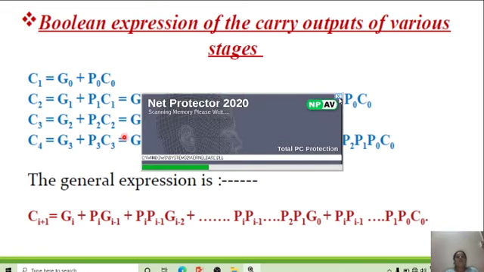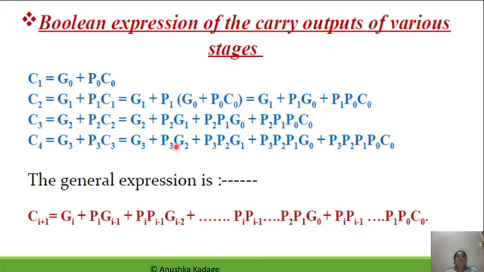So this value will be given as G3 plus P3G2 plus P3P2G1 plus P3P2P1G0 plus P3P2P1P0 and C0.